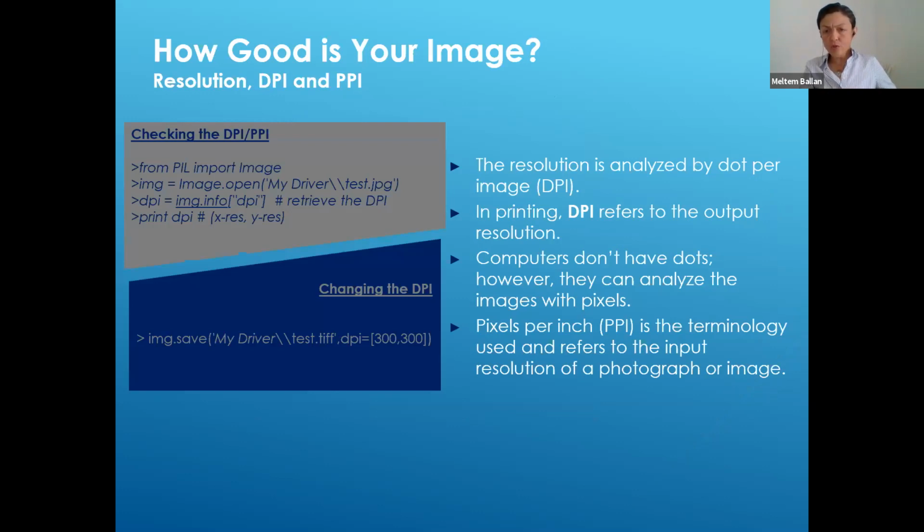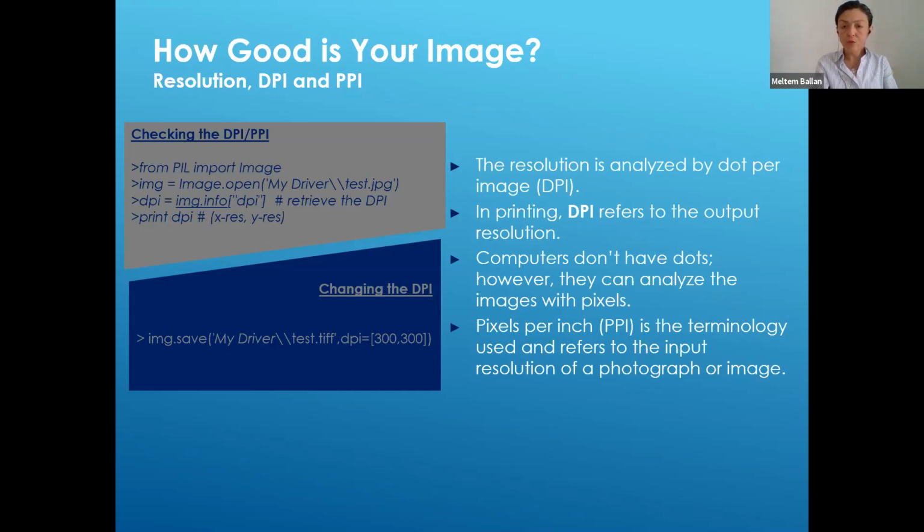The resolution is defined by dots per inch. In printing, DPI refers to the output resolution. Computers don't have dots. However, they can analyze the images with pixels. Pixels per inch is the terminology used and refers to the input resolution of a photograph or image in computer vision.